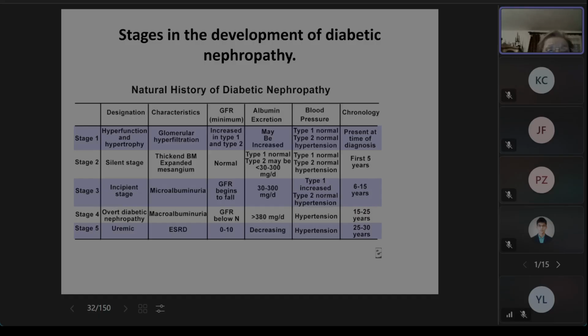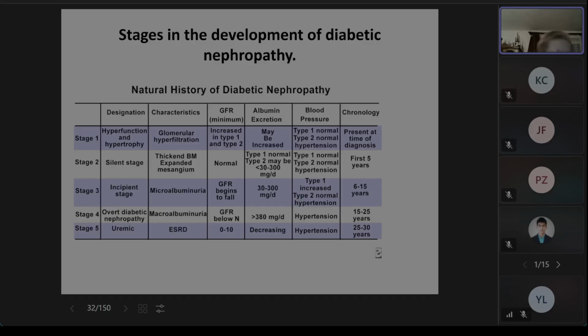Albumin excretion is not observed, or if it is, it must be very, very small. In both types of diabetes mellitus, we observe no hypertension, and at the time of diagnosis, we can see these changes.